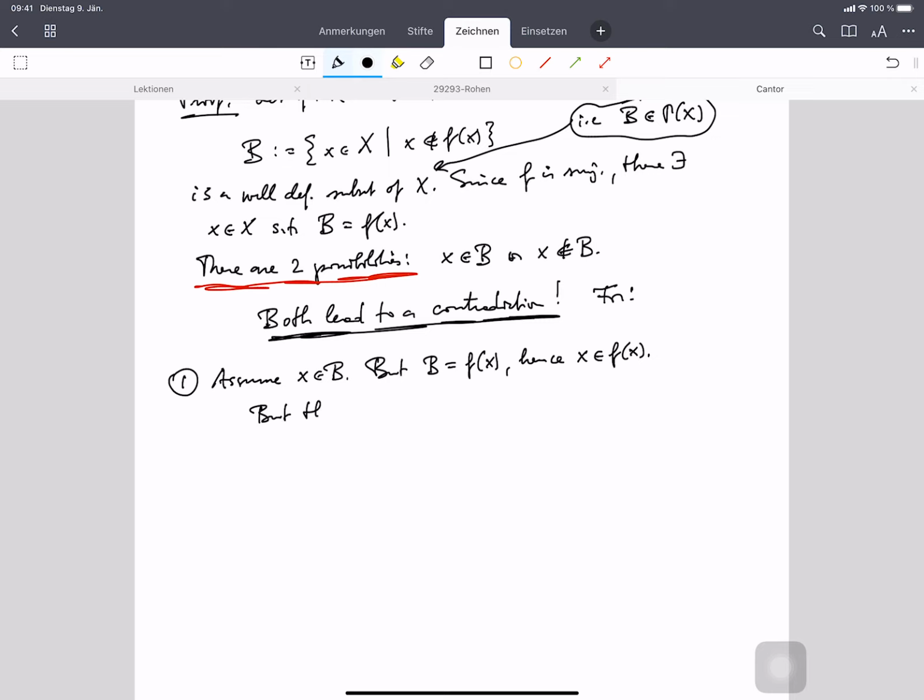But this means x not in B. And we have here a contradiction.